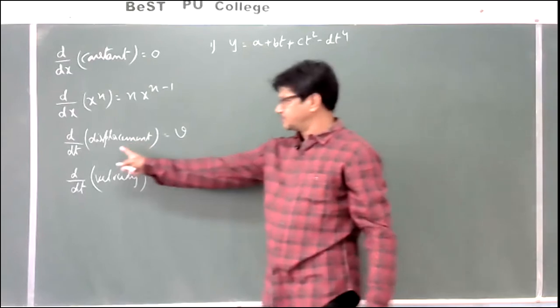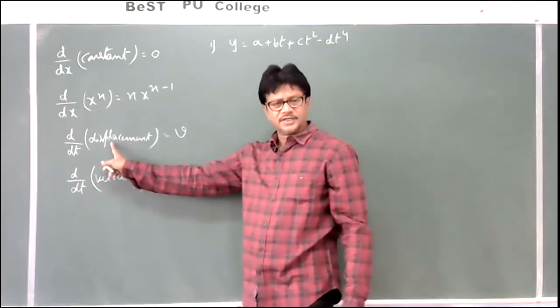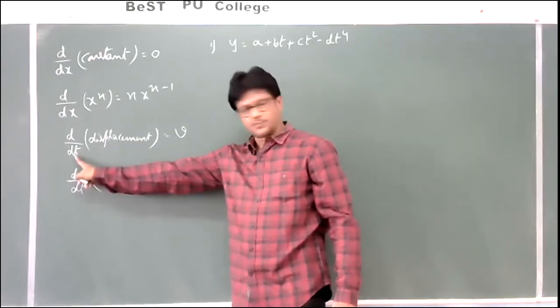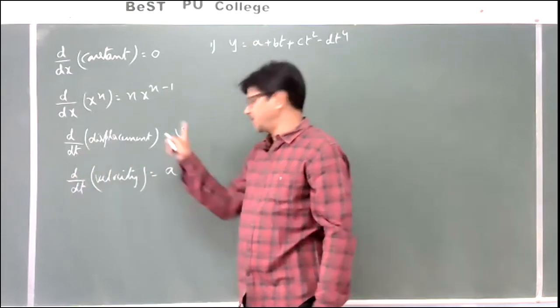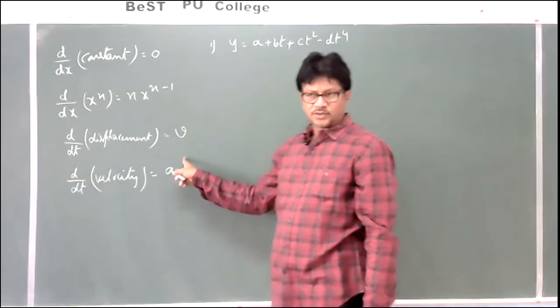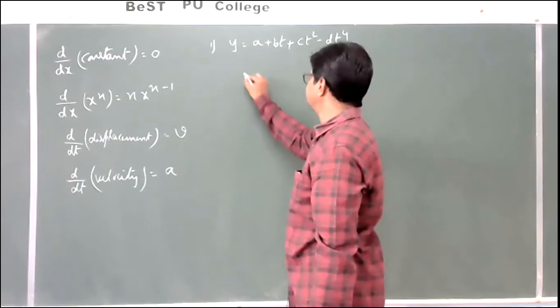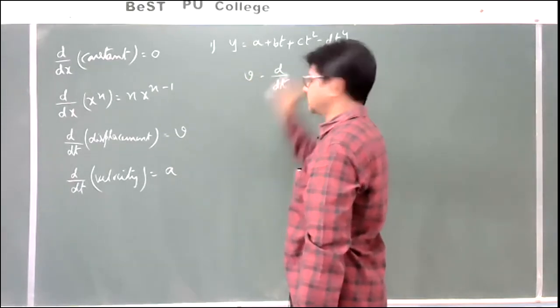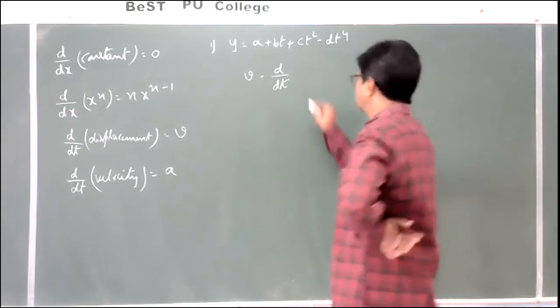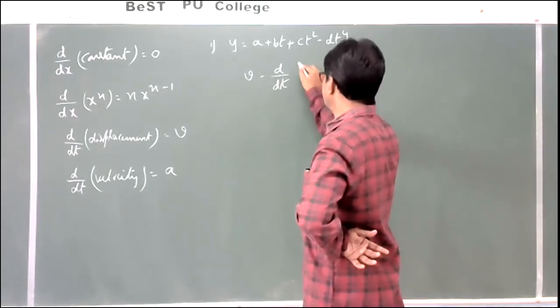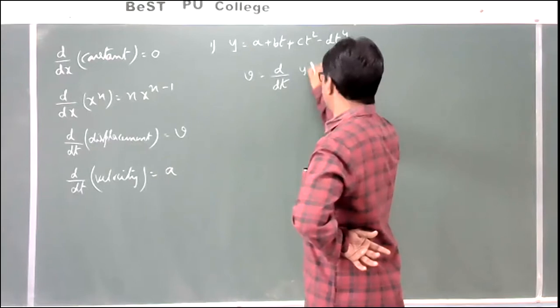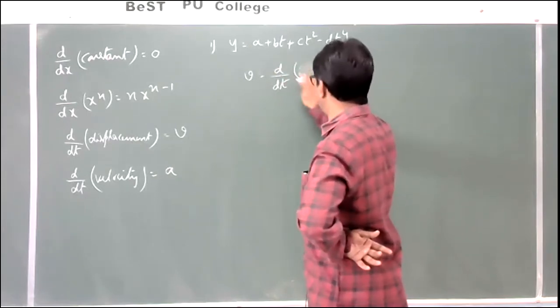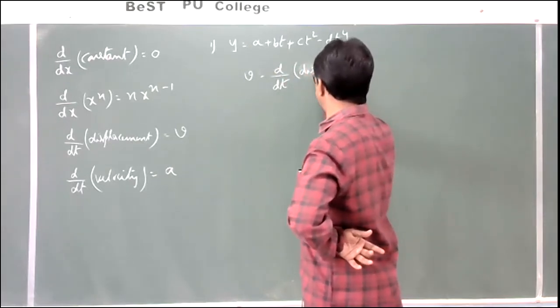We know that if you differentiate the displacement with respect to time, we'll get the velocity. So to get the velocity, I would like to differentiate the displacement with respect to time. So here displacement is y. This is the formula.